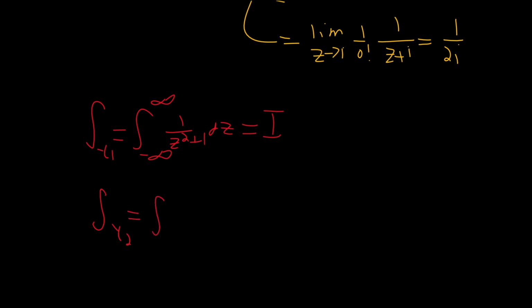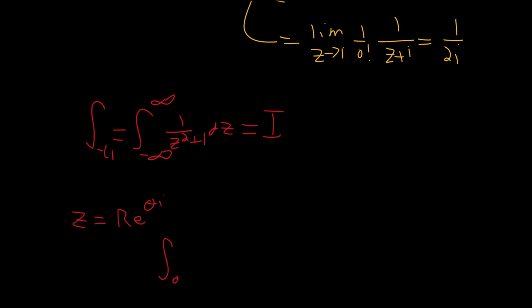This is going to be equal to the integral over, well, actually let me write the substitution real quick. So what we have is z is going to be equal to r, the radius, we're going to be taking the limit as that goes to infinity, of e to the theta i.